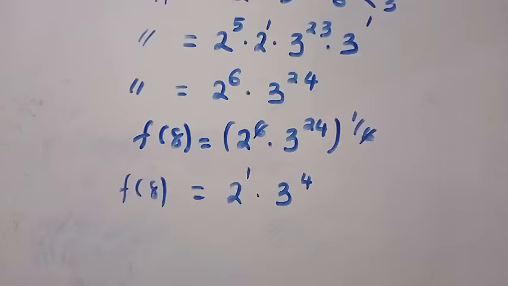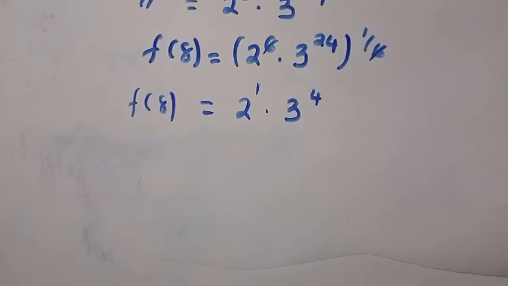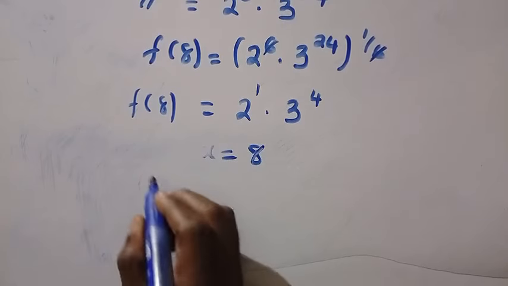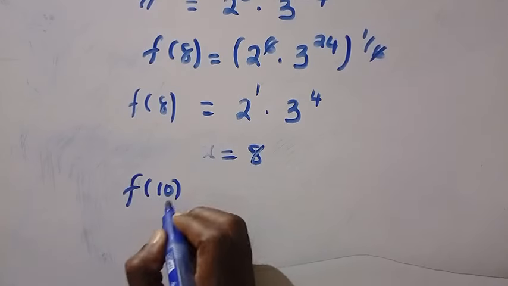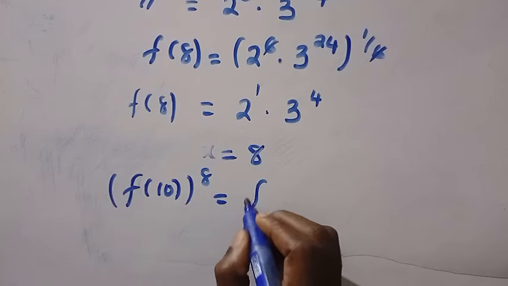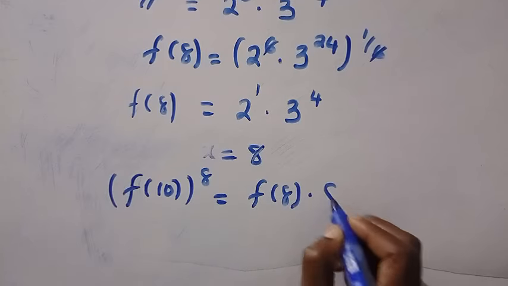So in the next step, we are going to test for when x equals 8. If x equals 8, we are going to have f(10) that we need, all raised to power 8 equals f(8) multiplied by 8.